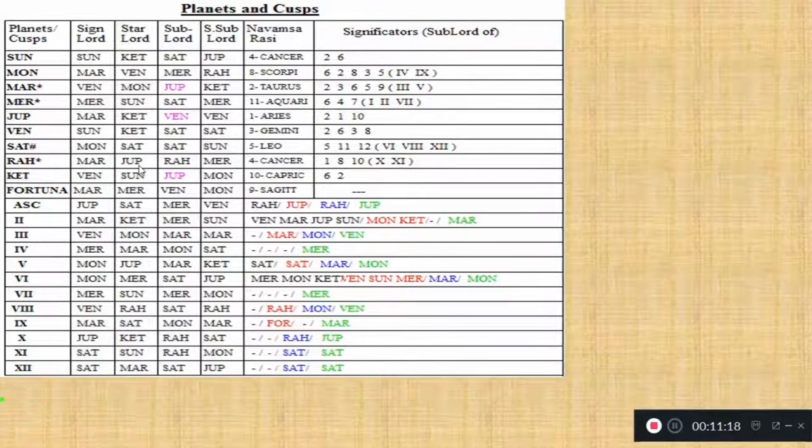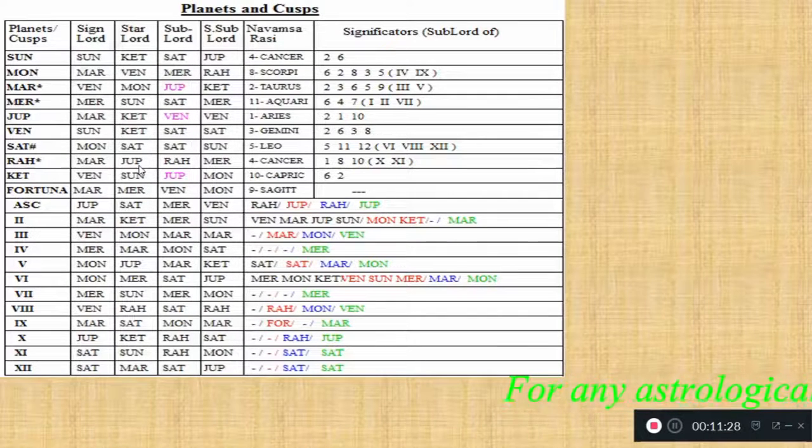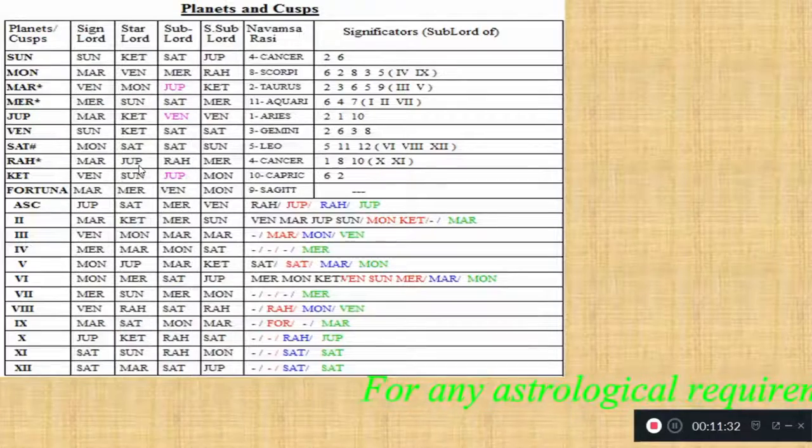So we can say that Jupiter is also signifying the 11th house. So the native will get the result as the significations of the combination of second, sixth, and 11th.